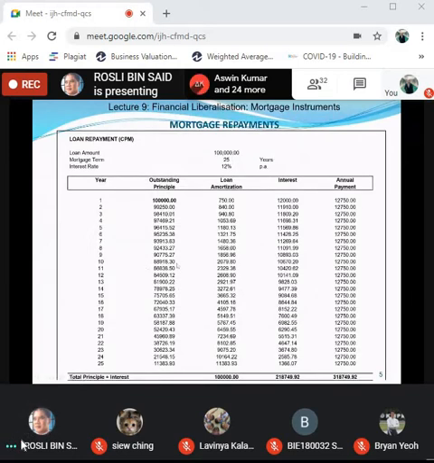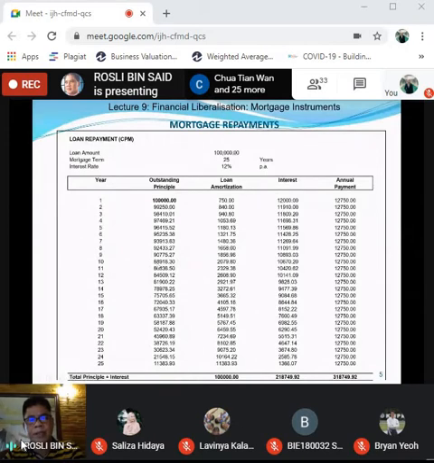The figure that we have is slightly different because of the rounded figure. So even here, if you want to round the figure, basically it will become 88,920. So this is how it works.